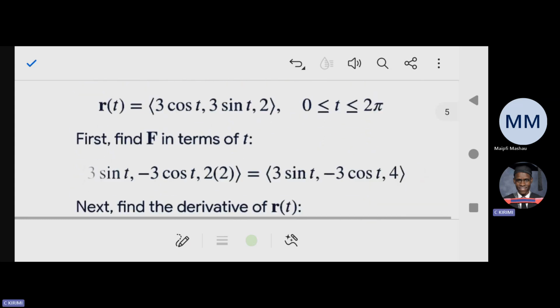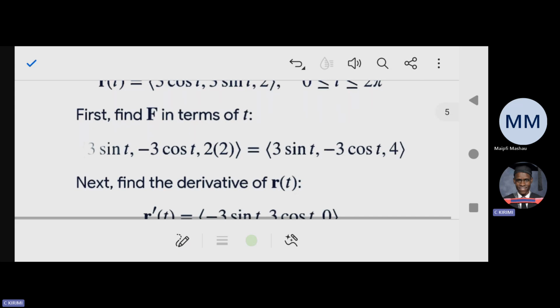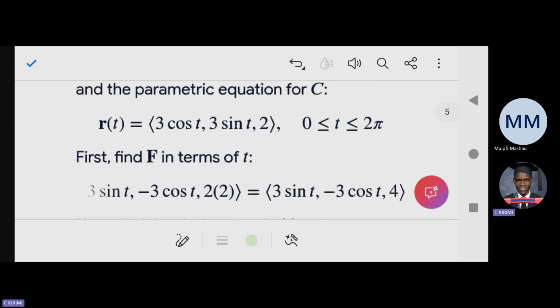F in terms of t is 3 sin t minus 3 cos t. So f dr, after you've replaced, now you want to find f in terms of t. What is the simplified f in terms of t? It is 3 sin t minus 3 cos t and then 4.